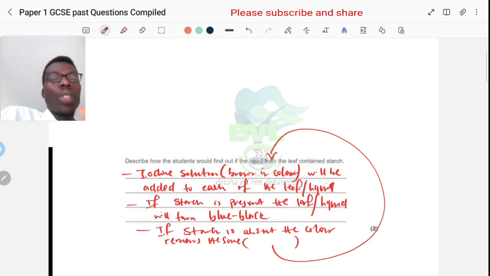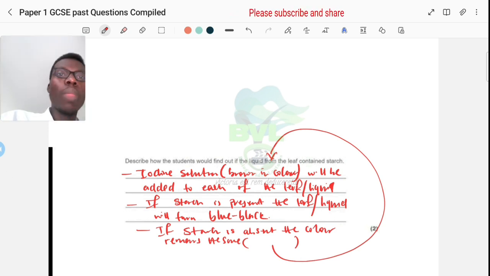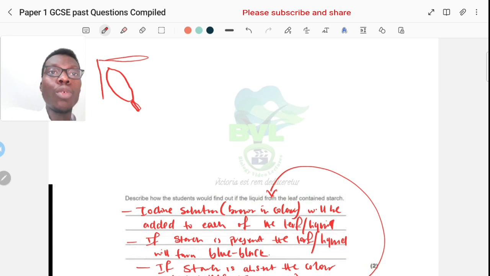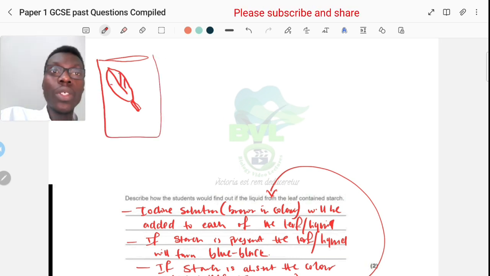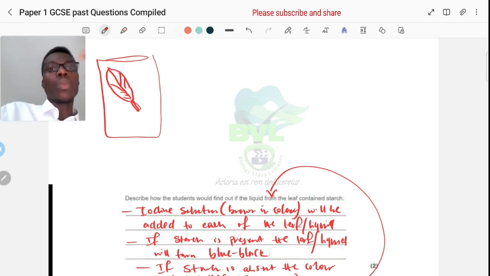Now, you heard I said, how do we really test for starch? In reality, when you want to test for starch in a leaf, let's say not a crushed leaf now, you take the leaf from a plant you expected to have photosynthesized, then that leaf will be boiled to kill the leaf. The reason why you are boiling it is to stop all reactions.